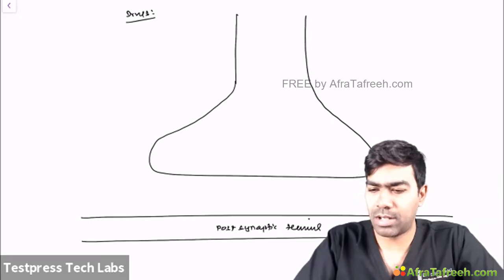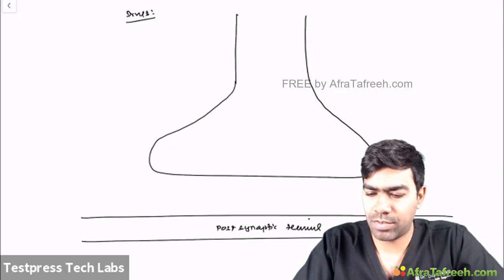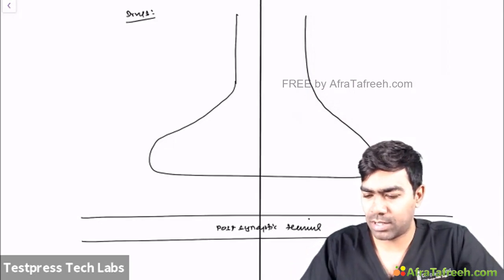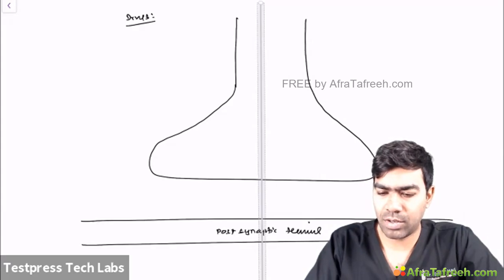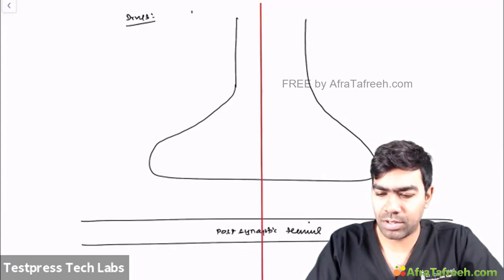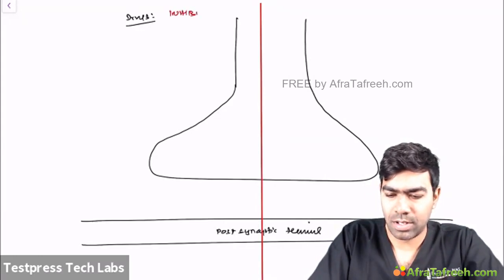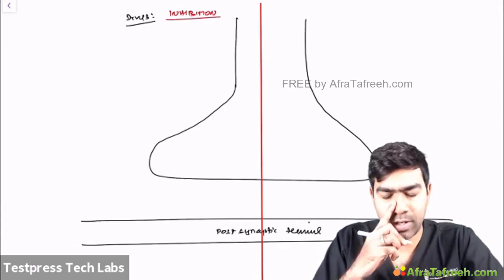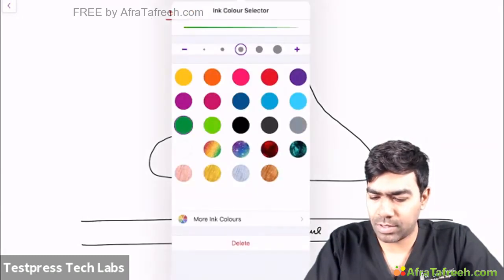I think it's better we put a kind of a central line that demarcates that this side you're going to have inhibition, or inhibitory neurotransmitters. On the other side, you are going to have this kind of excitatory transmitters.